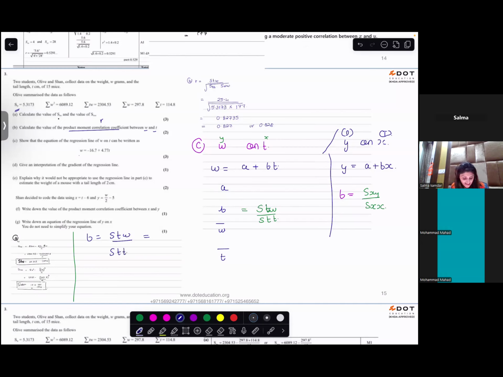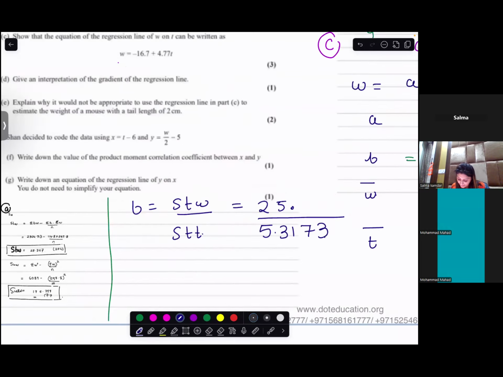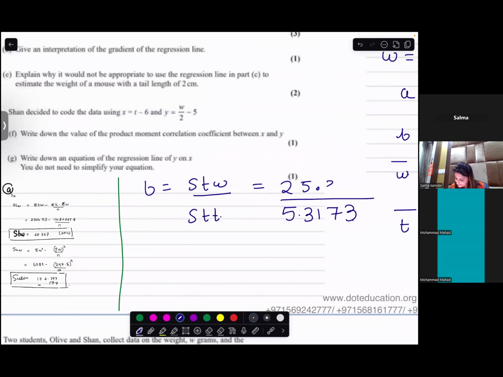I have the value of STW. STW is equal to 25.367, which rounds to 25.4, and STT is given in the question, which is 5.3173. You know that 25.4 was the rounded answer, but we had the answer without rounding, which was 25.367.